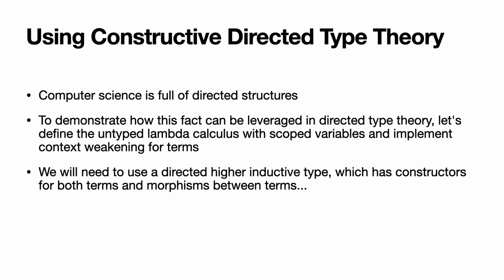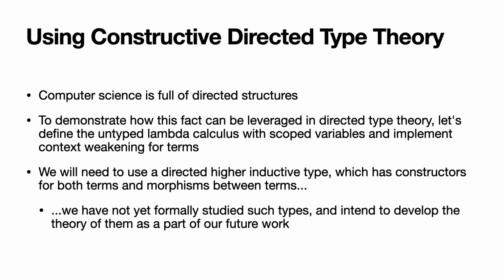One thing to note is that to do this, we'll be using a directed higher inductive type. And all that means is that in this type, we're going to have constructors that not only define terms, but also define morphisms between terms. And as a footnote, we have not yet formally studied such types, and we intend to develop a theory of them as a part of our future work.